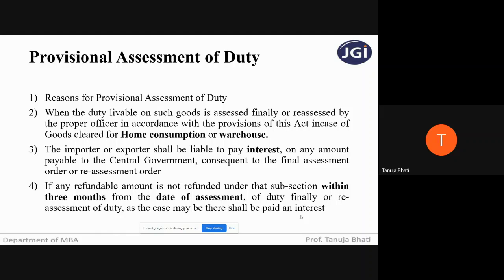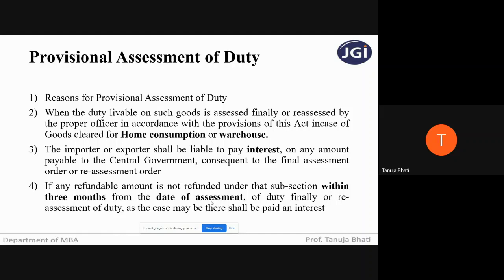So if the refundable amount is not refunded within 3 months from the date of provisional assessment, then interest will be payable on such unrefunded amount, that is 5,000 in the example, again at a rate fixed by the central government, and the interest will be calculated up to the date of refund of such amount. So this is nothing but provisional assessment of duty.